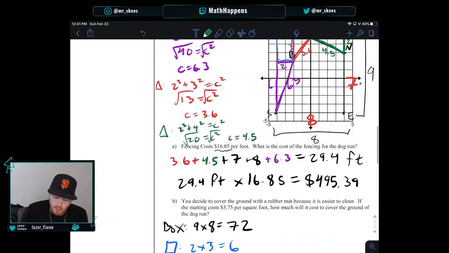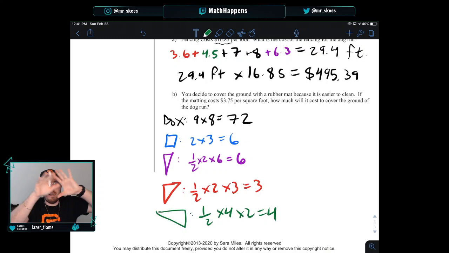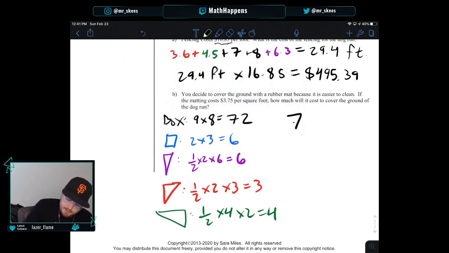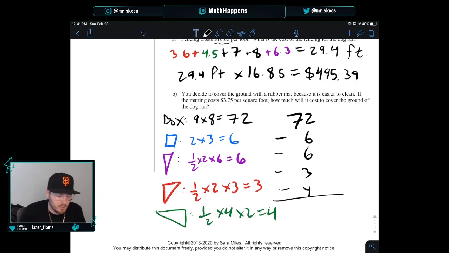So we have the area of all 4 things that we don't care about. If we take the box and subtract away all this stuff that we don't care about, we're going to be left with what we do care about, which is 72 minus 6 minus 6 minus 3 minus 4, 53 square feet.